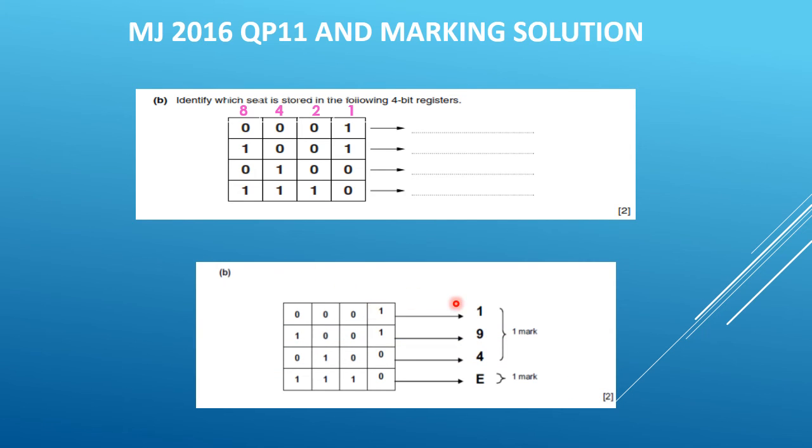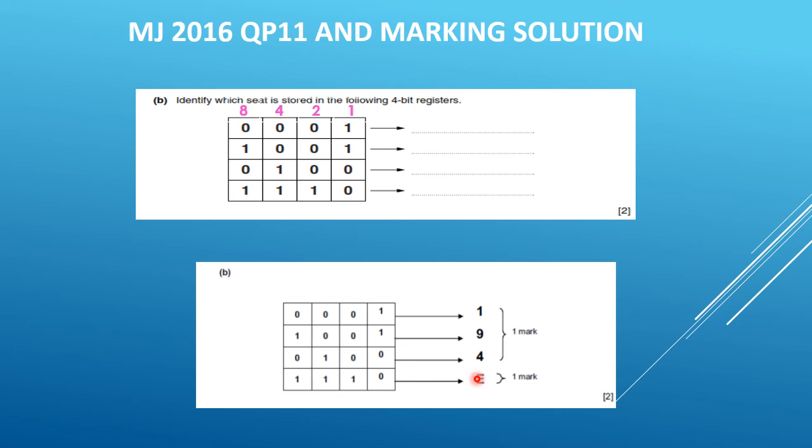Yes, for the first row we got 1, for the second row we got 9, for the third row we got 4, and for the last row we got E, which is equivalent to 14.